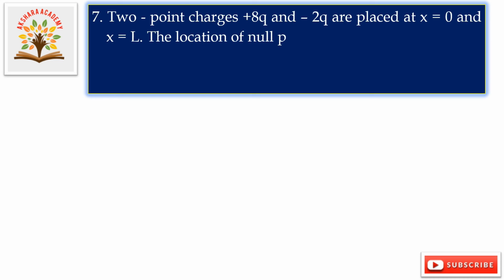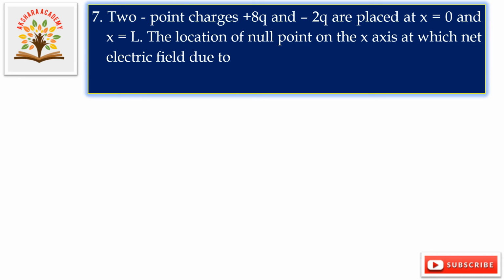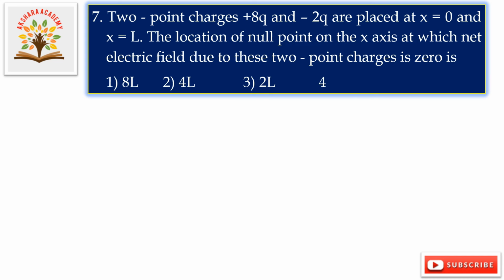Two point charges 8q and minus 2q are placed at x is equal to 0 and x is equal to L. The location of the null point on the x-axis at which the net electric field due to these two point charges is 0. Now let us go to the solution. Here the two point charges are Q1 and Q2.